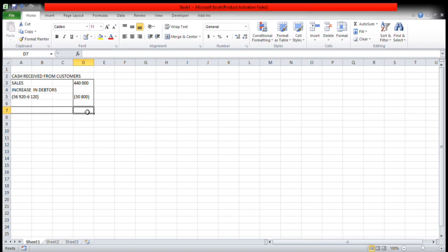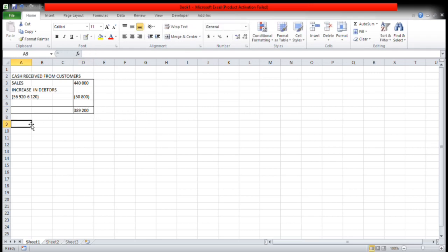If you ever see yourself including other items under the cash received from customers, I think you are going to have a problem. Only two items. So the difference, we are going to take the sales amount of 440,000 and less 50,800. It gave me 389,200. So please do confirm.